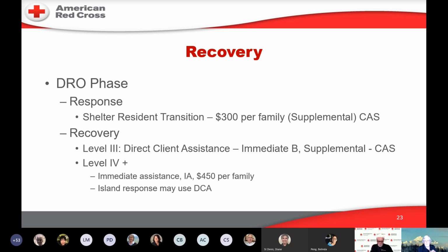There will be discussions about whether to move it into what's called immediate assistance. Immediate assistance is level 4 and above, and that comes through at about $450 per family. That is accessed by the clients themselves.